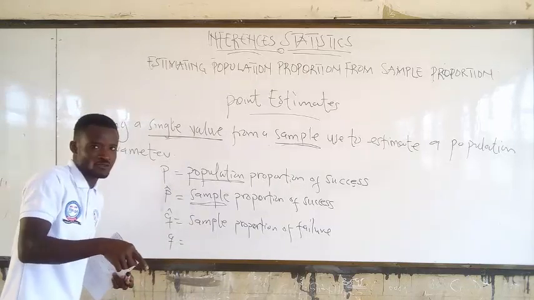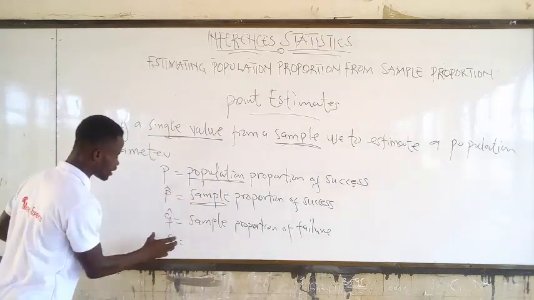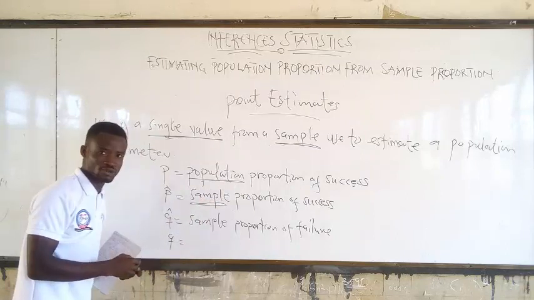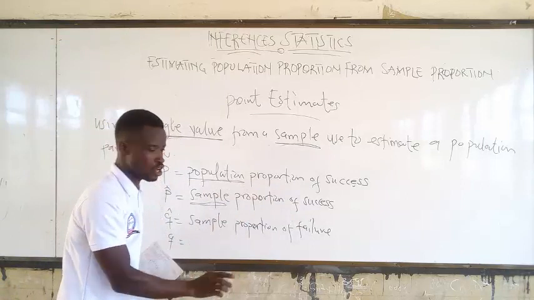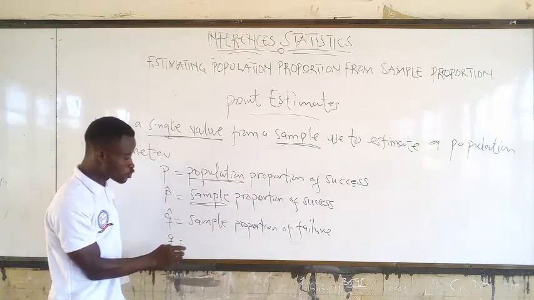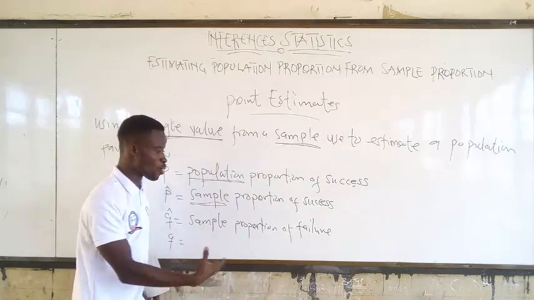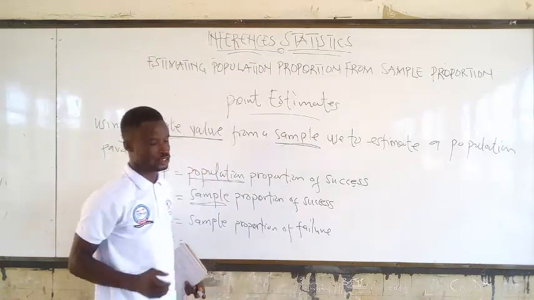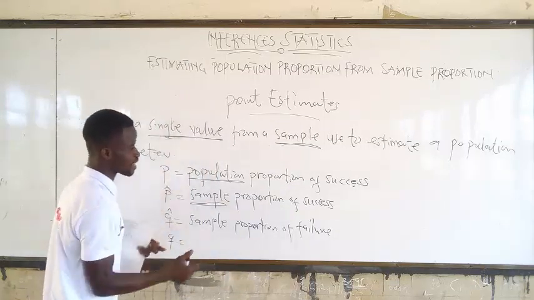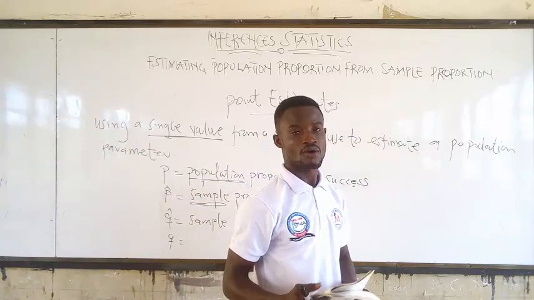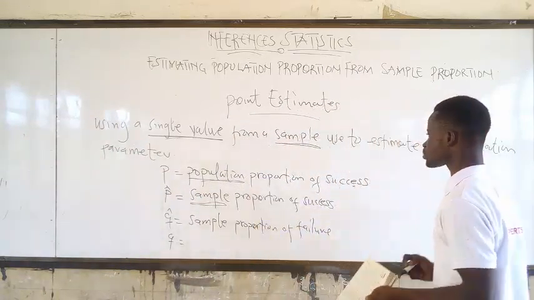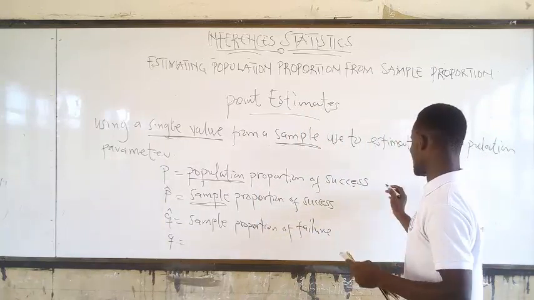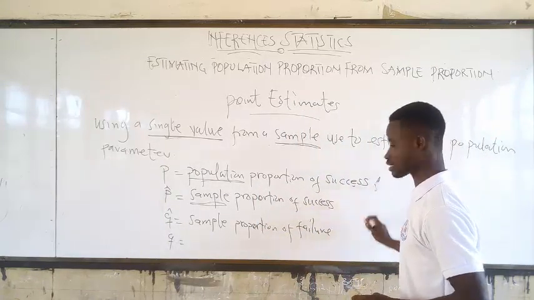Population proportion of failure. So having the Q hat is going to be the sample proportion of failure. Good. So we need to understand these things so that when I'm using it, you won't be confused. Good. Now, let's see how we get this P hat.